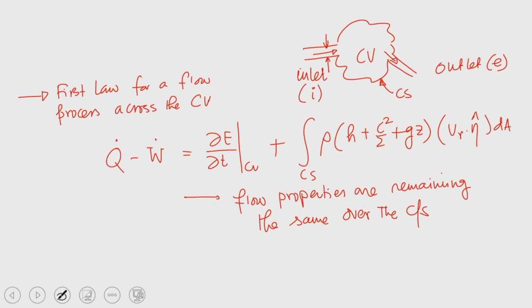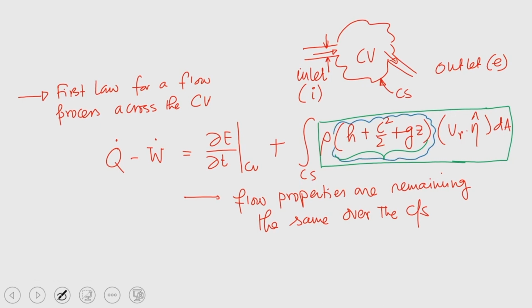Basically, rho Vr dot n cap dA is the mass flux, which is multiplied by this term, the internal energy plus the energy required to maintain flow in the presence of pressure, both at the inlet and exit.